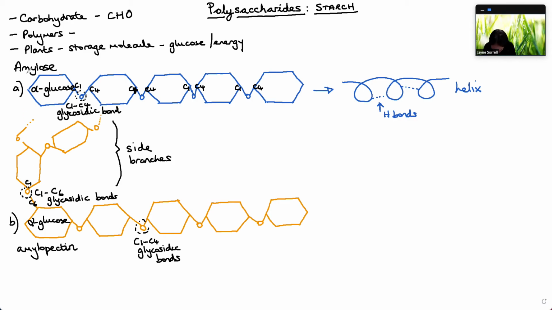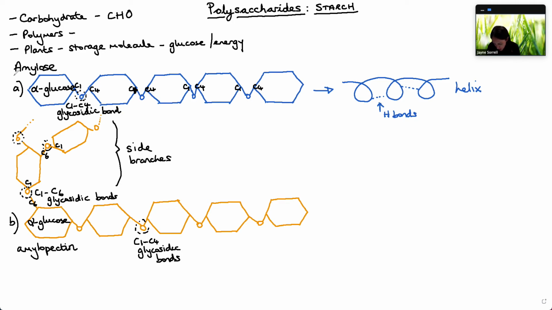The side branch itself, again, has carbon 1 to carbon 4 bonds, so it's joined in the same way as this main chain. Actually, I've drawn a carbon 6 to carbon 1 glycosidic bond there, because we have a side branch off of a side branch.